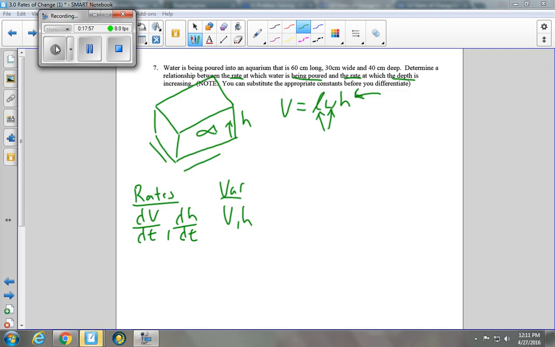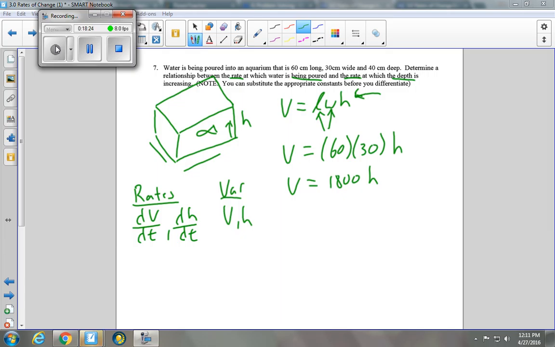If we fill in what we know, the length of this thing from the question was 60. It was 30 centimeters wide, and then height is the one we care about. So I'm just going to write this one more time with those multiplied together. 1800 H.